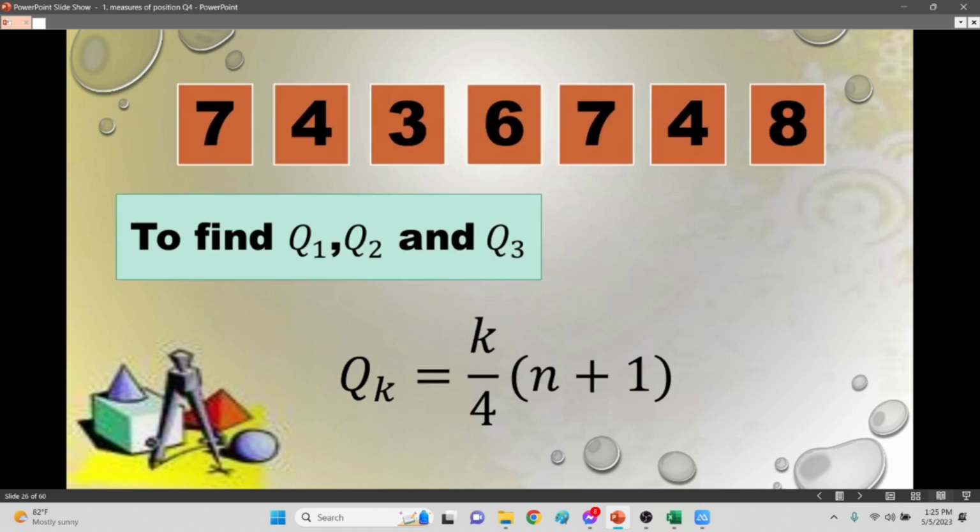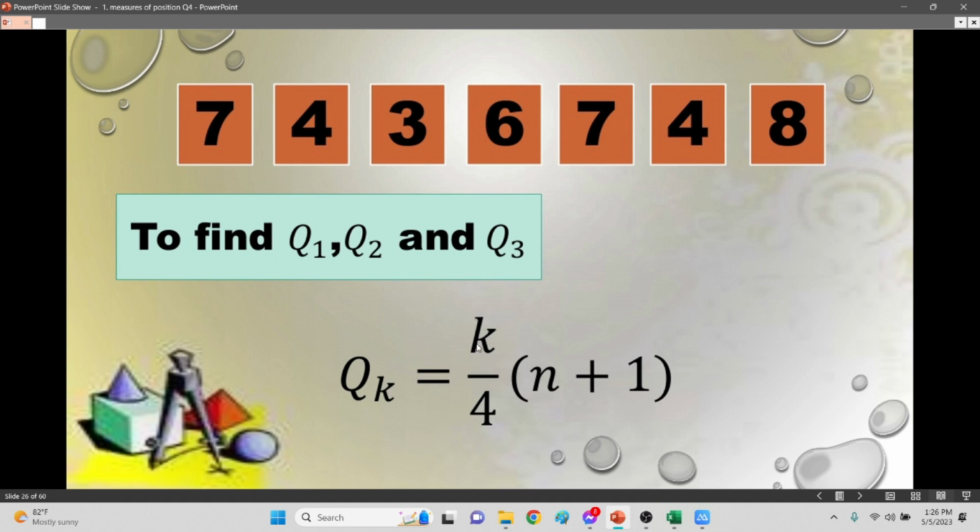So, we're going to use the formula in finding the quartile, which is Q_k equal to k over 4 times (N plus 1). Again, the quartile k is equal to k over 4 times (N plus 1).